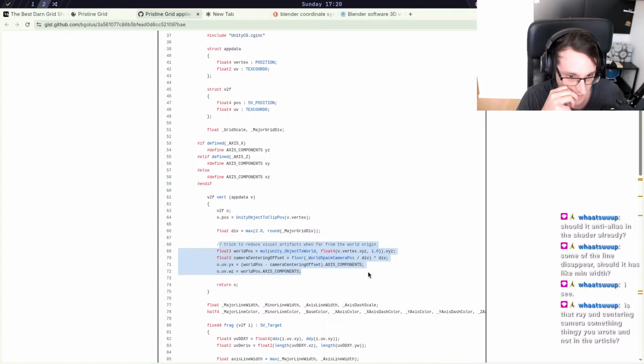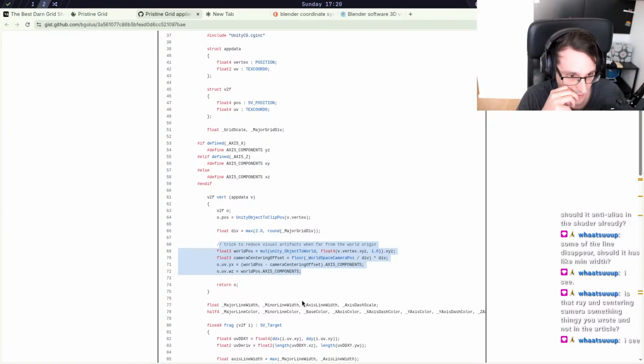But then this is his world centering offset thing. And I think I'm doing the same thing, but maybe not. Although he does some stuff here, which maybe I'm not doing.